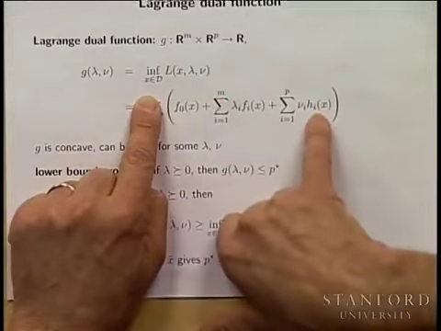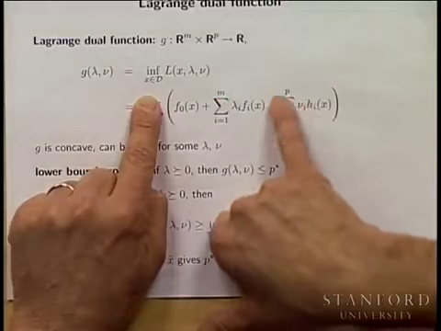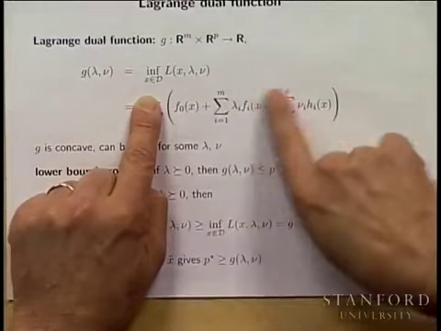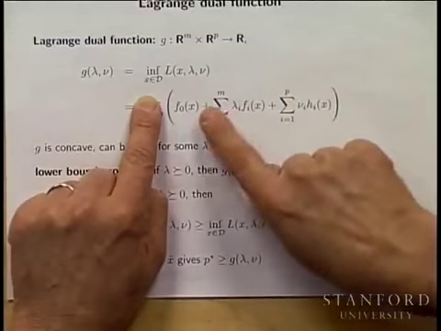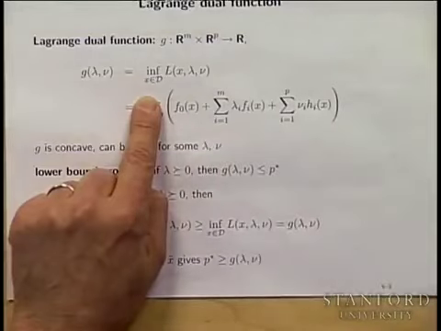If you're feasible, hi of x is 0, and so it doesn't even matter what the sign of nu i is. This is 0. And therefore, the Lagrangian is less than or equal to f0 of x for any feasible x. Now, for infeasible x's, that's false. But for feasible x's, it's absolutely true that L of x, lambda, nu is less than or equal to f0 of x.